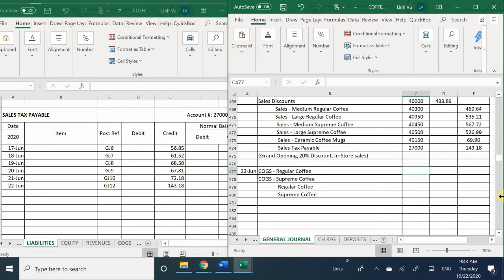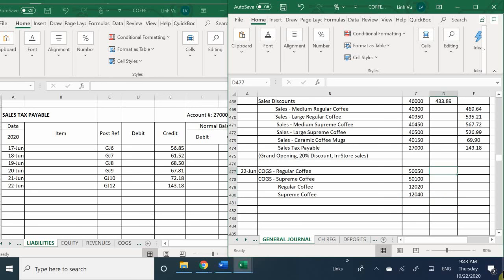COGS regular coffee, 550. Regular coffee is 12,020, and Supreme is 12,040. Good.